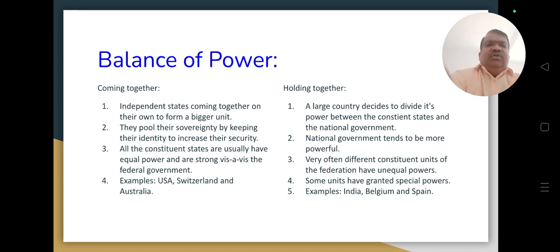For example, coming together federations are the USA, Switzerland, and Australia. In holding together, some states are guaranteed special powers, for example, in India, Belgium, and Spain.